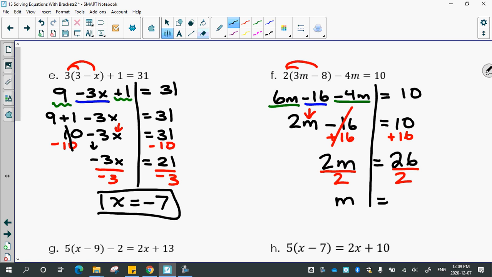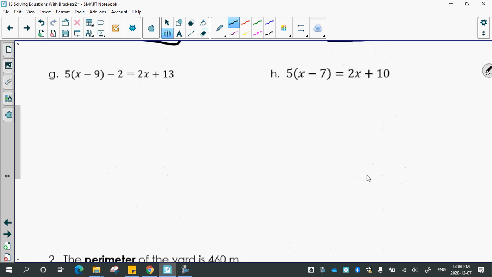Divide. And you get 13. Okay, you can see as complicated as they get, as long as you keep using the steps, you can keep getting them.